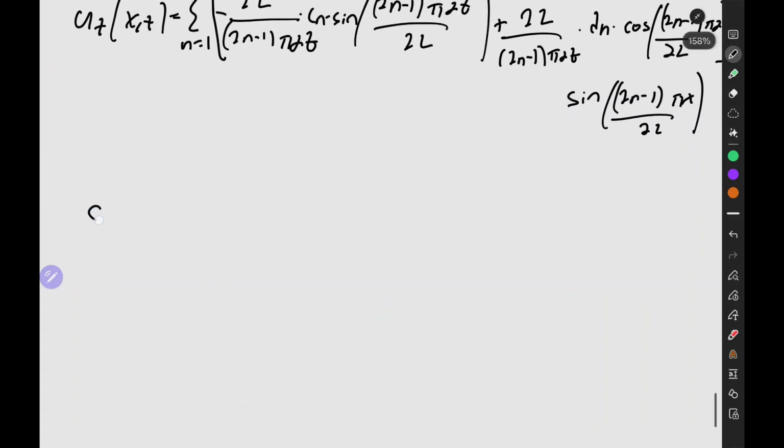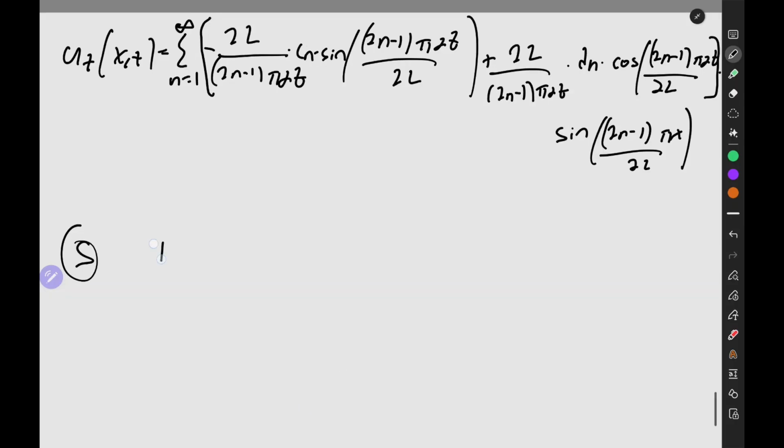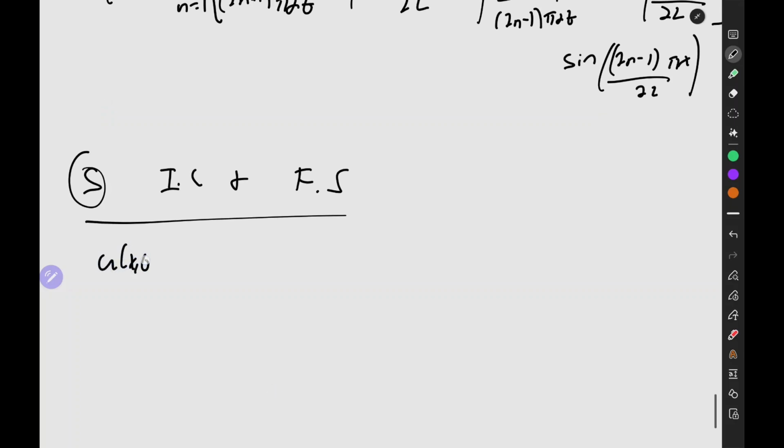Step 5. Okay, I just looked at the integration, not too bad. Step 5, initial condition and Fourier series. u(x,0) is f of x, which, remember, we're only going to look at the one case, really, but should keep it as f of x for now.